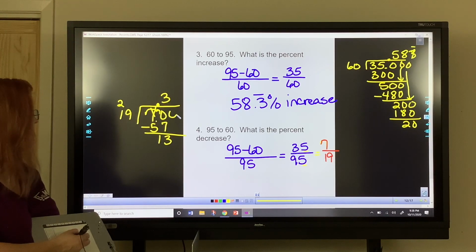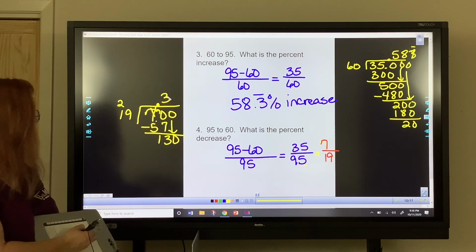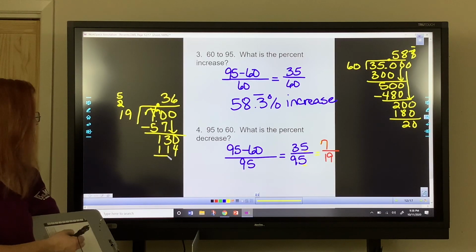So we end up with 130. 7 is just a little too big, so go with 6. That'll be 114. Let's subtract.